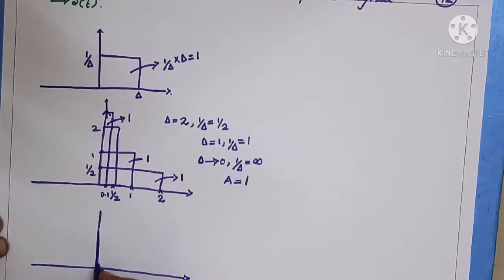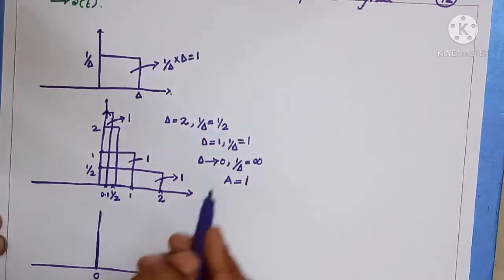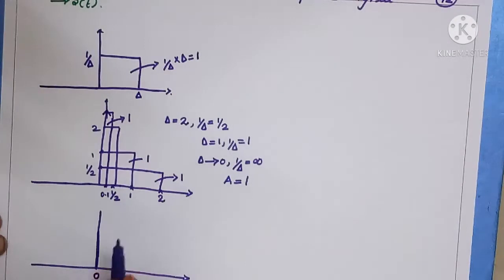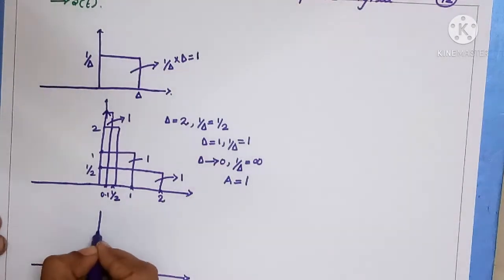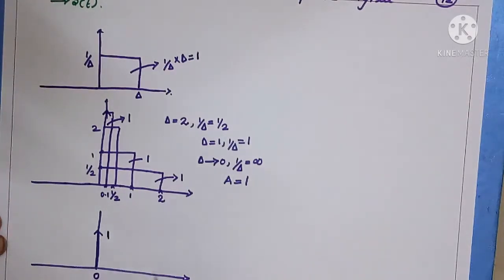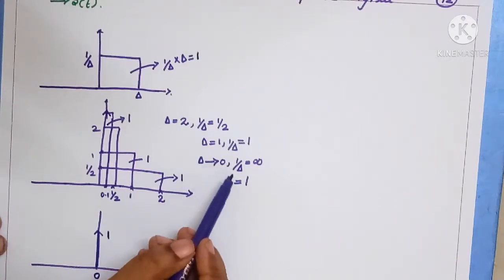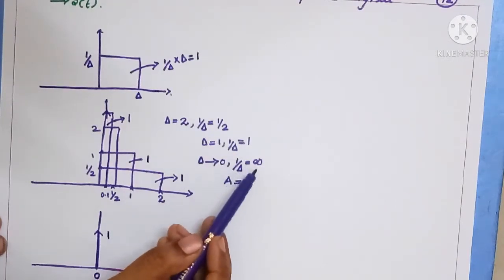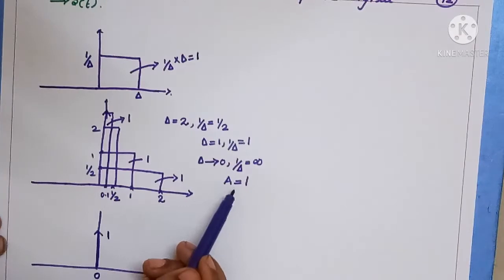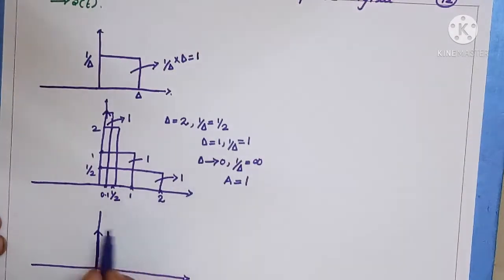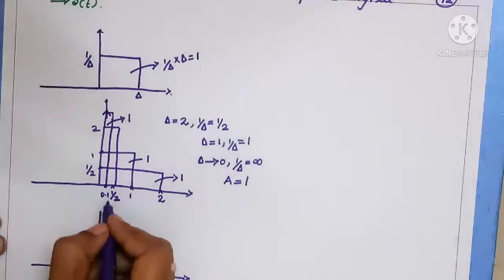Its duration becomes 0, its magnitude becomes infinite and its area is unity. Then this signal is known as the unit impulse signal. Do you understand? When you make delta tend to 0, 1 by delta becomes infinite, but its area remains unity.